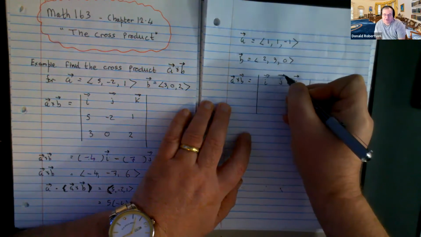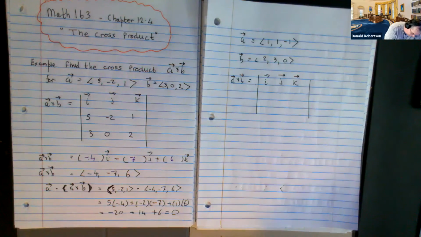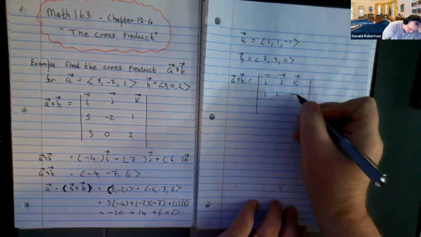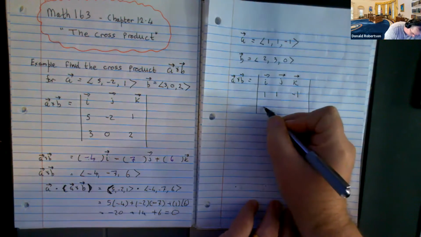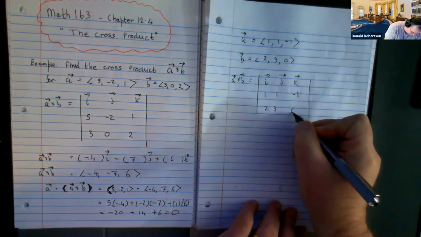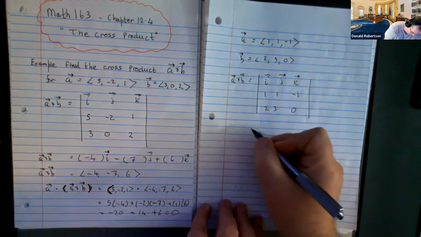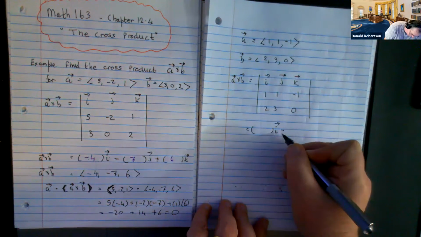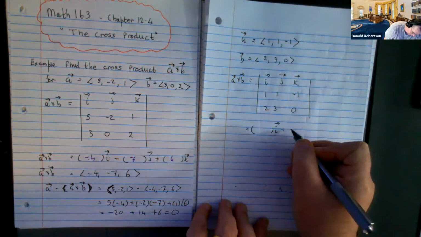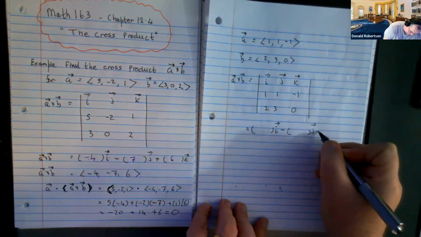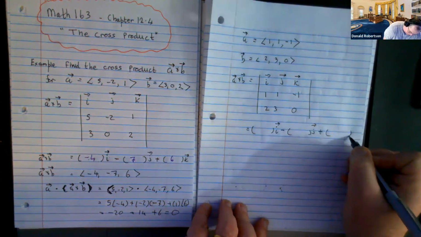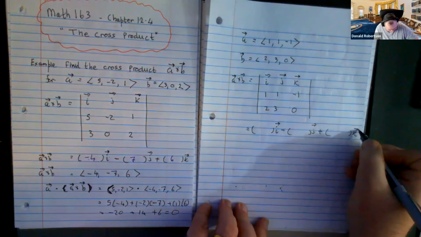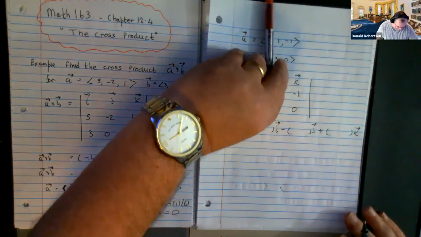So I write down i, j, k. I write down A. I write down B. And then it's so many i's, always take away so many j's, plus so many k's. And you just do what we did before.